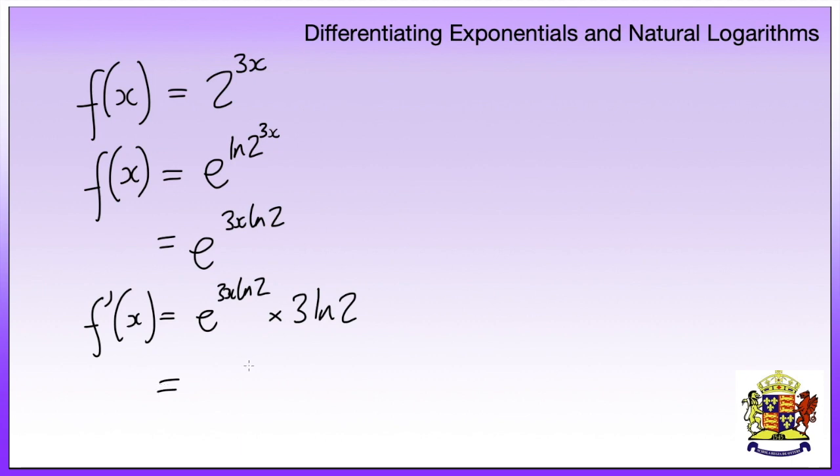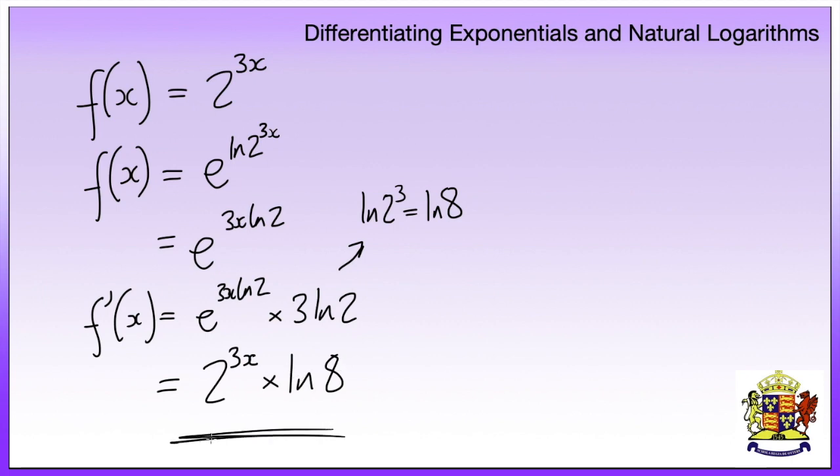3 ln 2, by the way, is the same as ln 2 cubed, or ln 8. So this part stays the same. This is 2 to the 3x times by ln 8. Now, you can do this even quicker. You could say, okay, I've got f of x equals, let's just add a power, so 2 to the 4x.